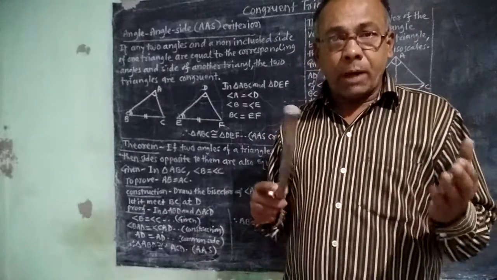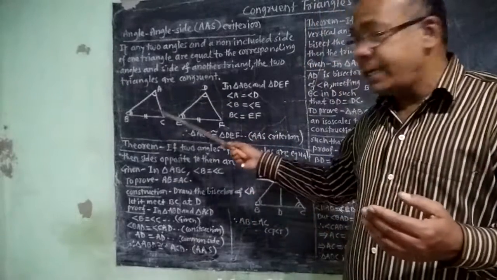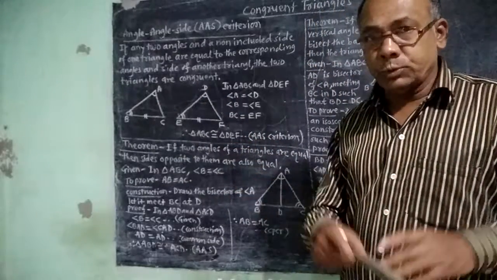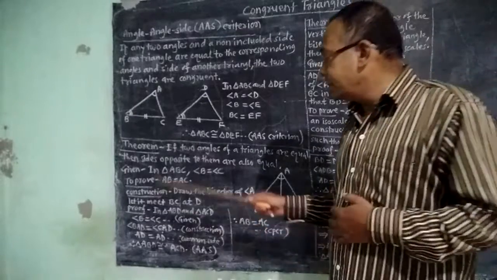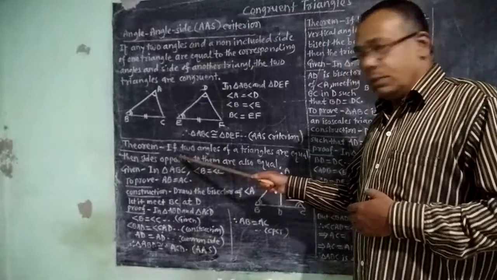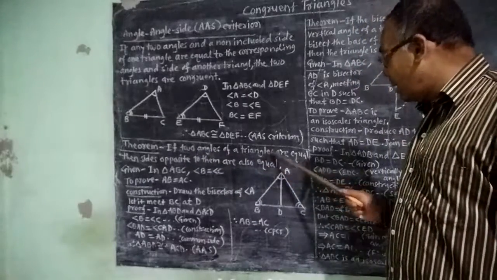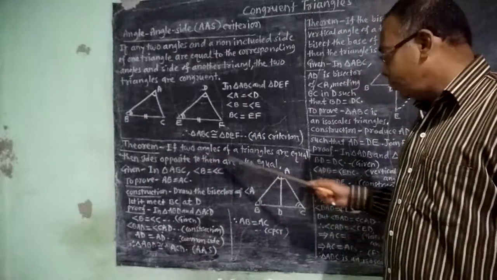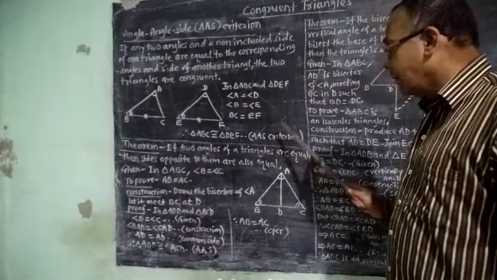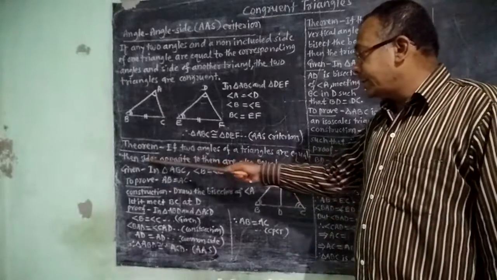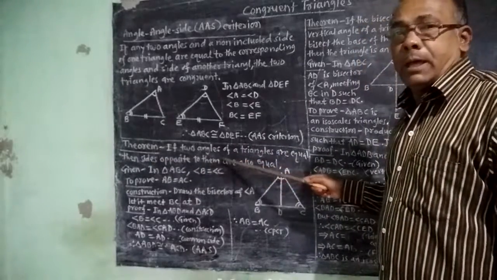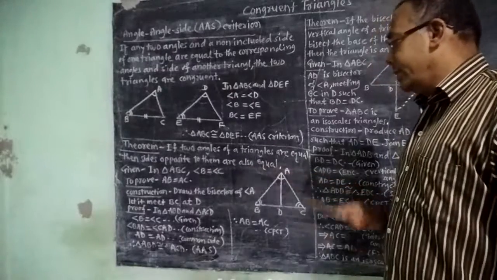We will apply the AAS criteria to prove the theorem. So this theorem states that if two angles of a triangle are equal, then the sides opposite to them are also equal.